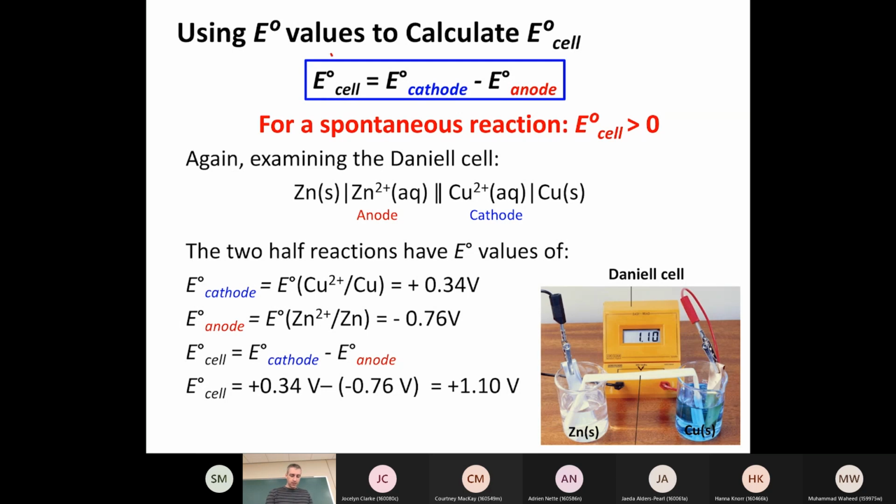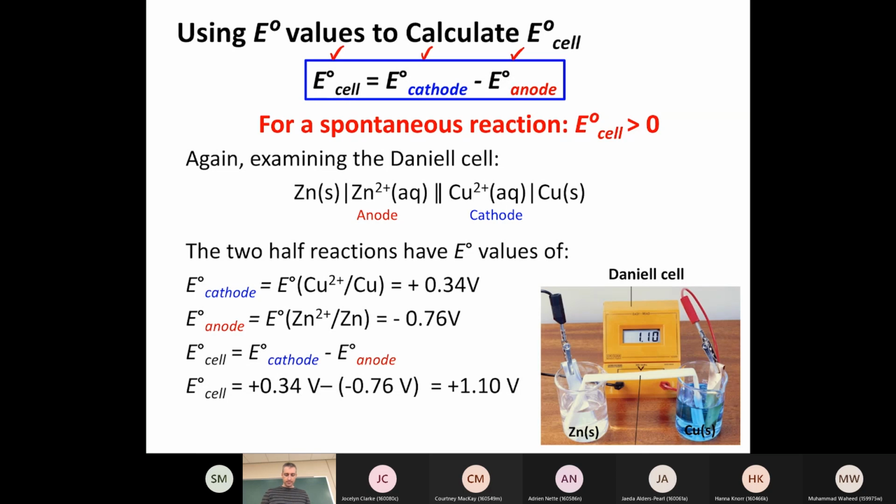The E cell is the E of the cathode minus E of the anode. So you build your electrochemical cell, you look on the list for your half reaction for your cathode, half reaction for your anode, look up the E0 values, standard reduction potentials, subtract one from the other, and you know what your voltage for your cell is going to be.